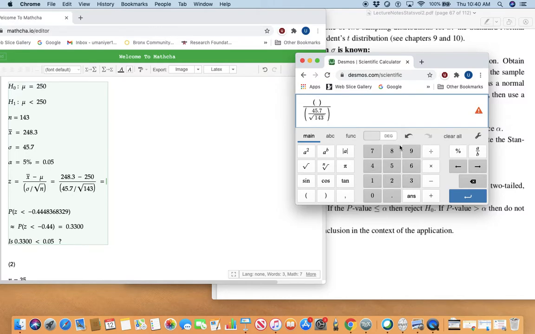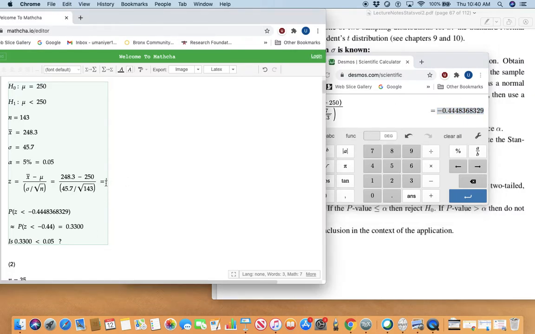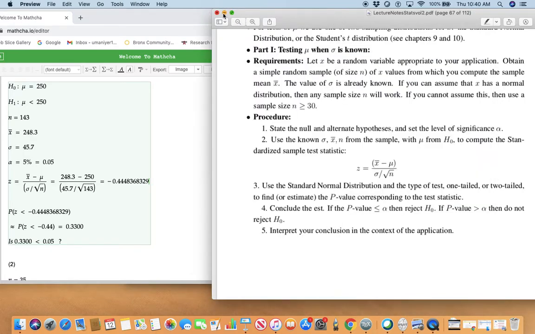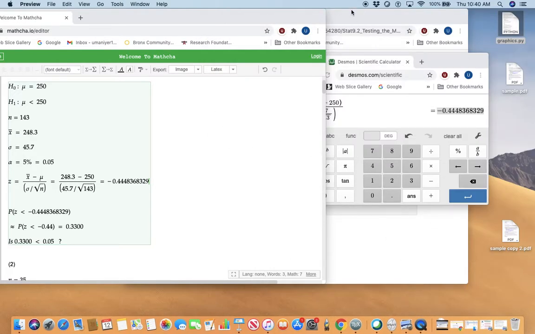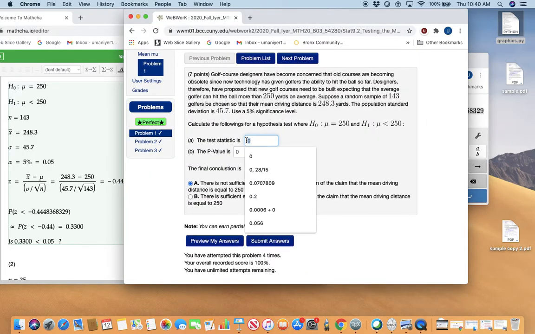The numerator is 248.3 minus 250. So that is your test statistic. Okay, so let's get that input. That is your test statistic.